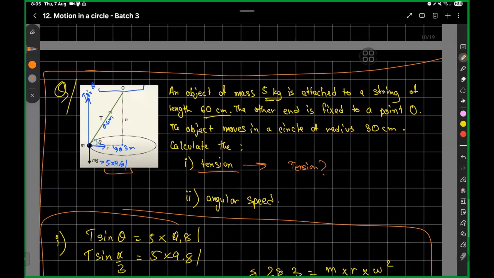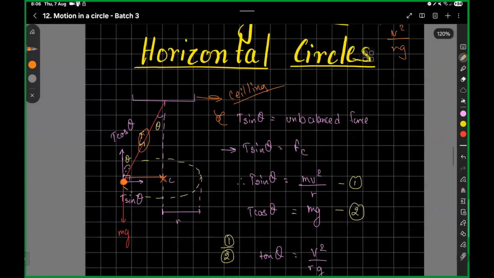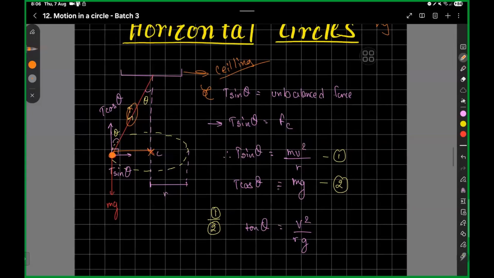Now, the first thing you start thinking about: what equations have I already looked into which include tension? So what is one of those equations? One of them could be this, or it could also be this.